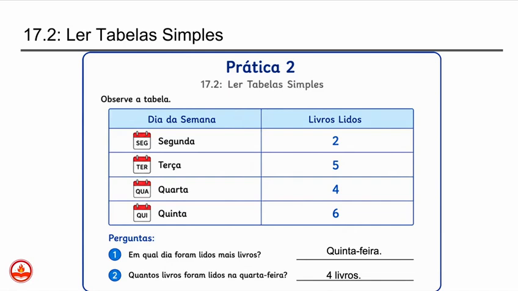The largest number is on Thursday, so the answer is Thursday. On Thursday, the most books were read. And we look at the row for Wednesday. The answer is 4 books. So 4 books were read on Wednesday.